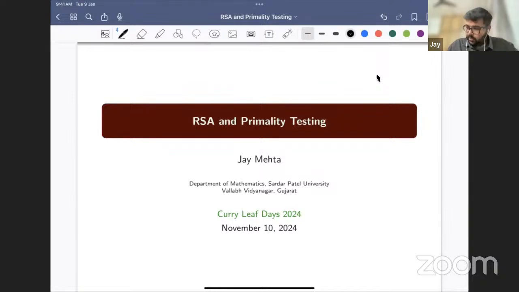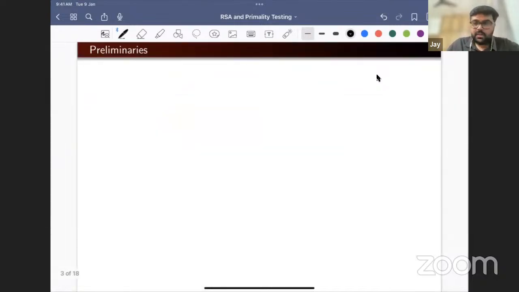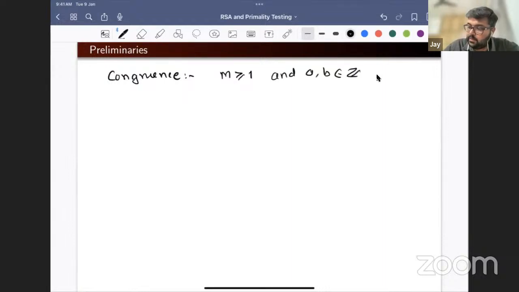So before we see what is RSA and how do we test whether a number is prime or not, let us see some basic preliminaries. So all of you may be knowing about the congruence, right? When m is an integer and a and b are integers, we say that a is congruent to b mod m.